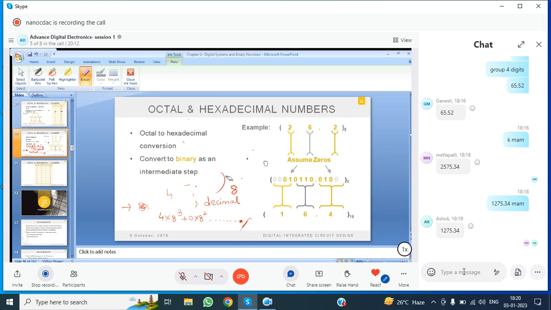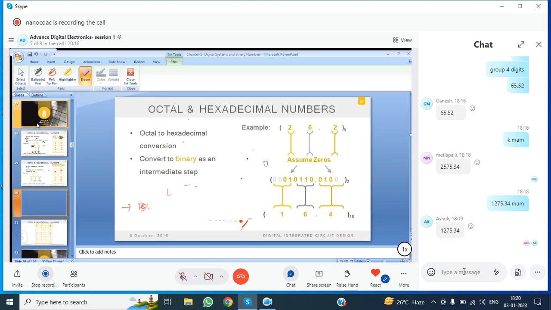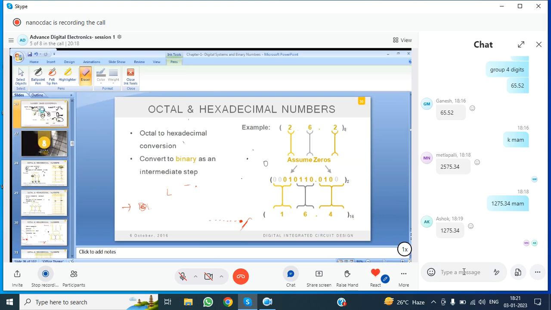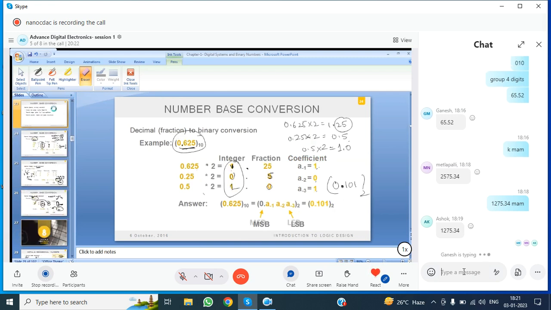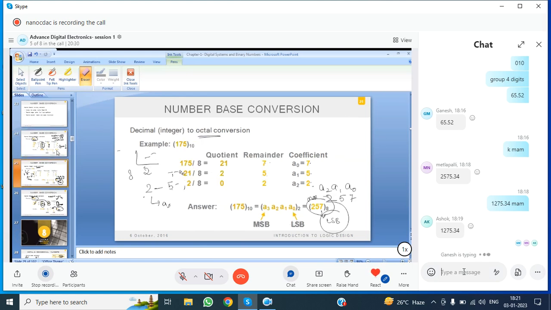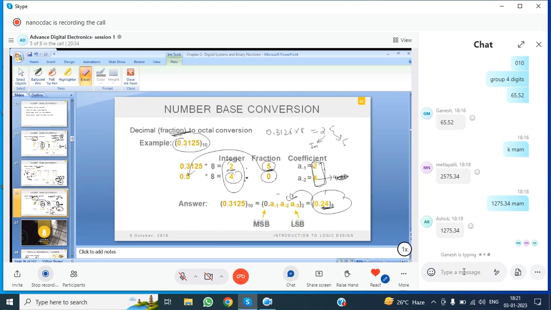Four zero five, 4057.06. I told you to convert into decimal. I also gave you a hint yesterday. This is decimal to binary conversion. Binary to number is given.